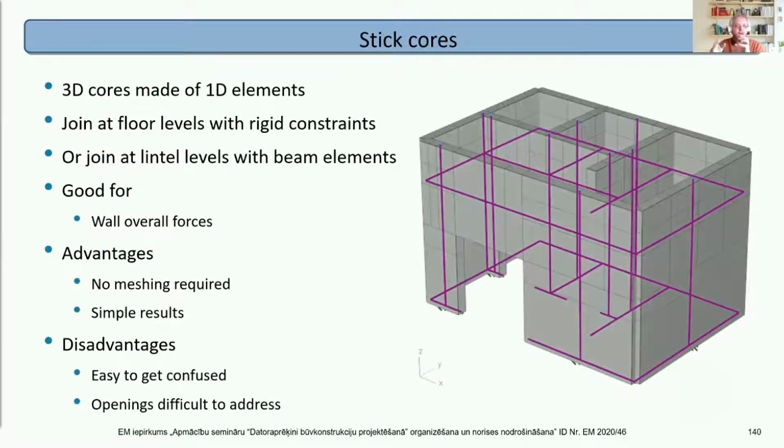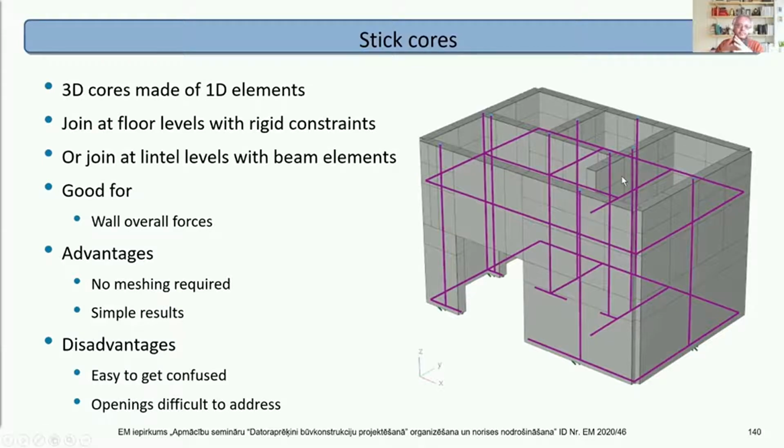Level 2, build a 3-dimensional core out of 1-dimensional elements. Beams, essentially. So you do a grillage of beams, and each beam represents a beam center line. So you might have a wall element here, and so on, and then join them together. You then have beam elements, perhaps at the lintel levels, and then perhaps a rigid constraint at each slab level, or maybe around the outside, or maybe inside as well.